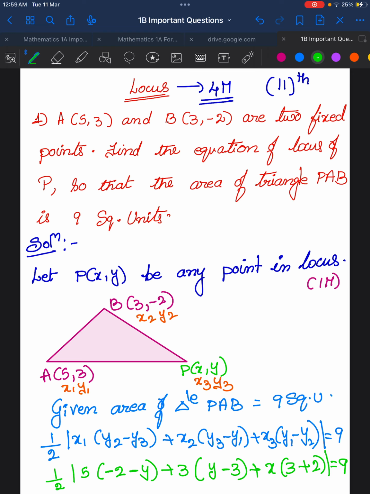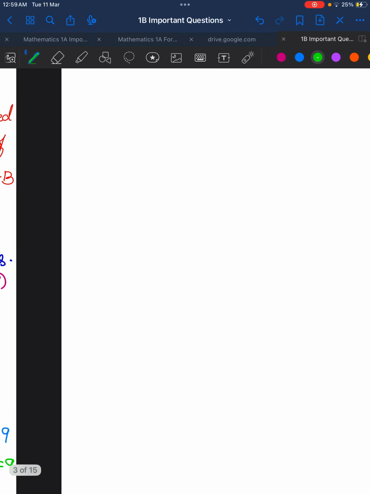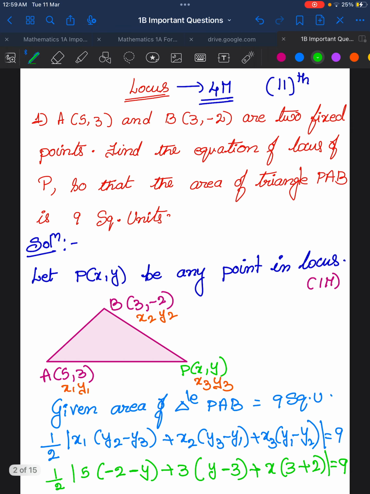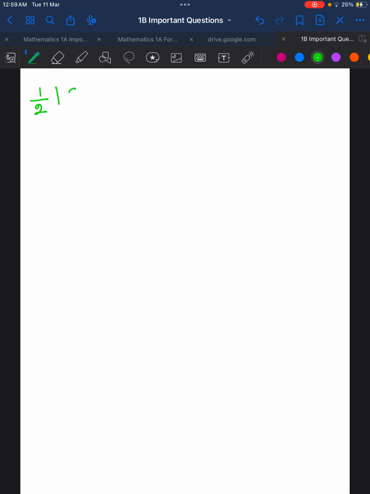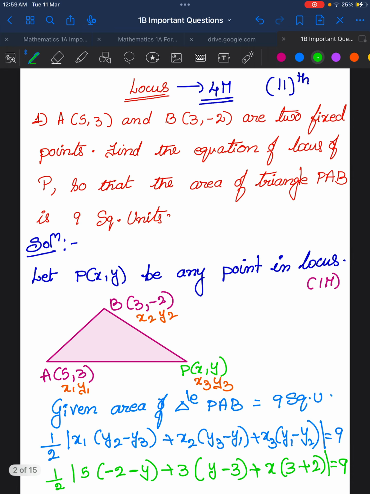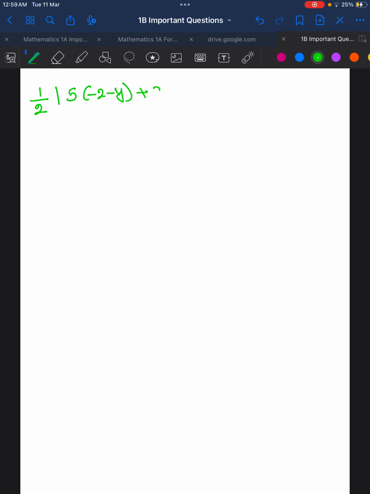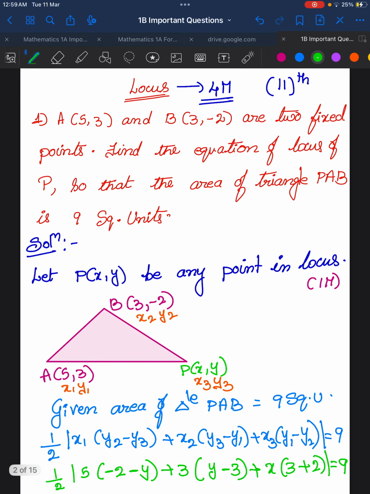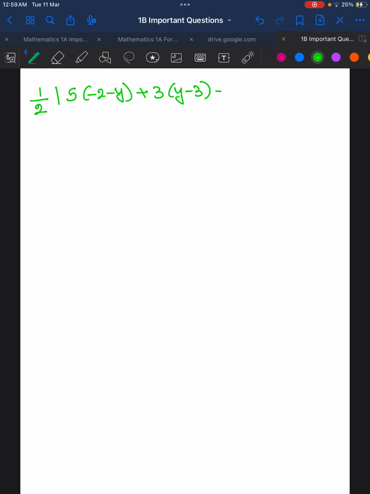Is it clear for everyone? Now, again writing the same step: half mod 5 into (minus 2 minus y), plus 3 into (y minus 3), plus x into (3 plus 2).